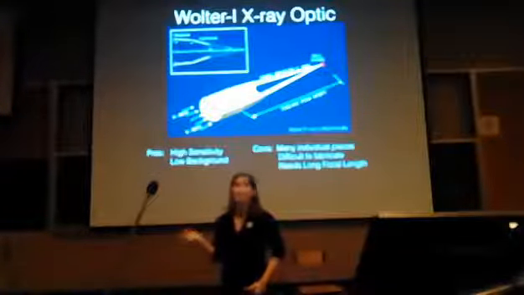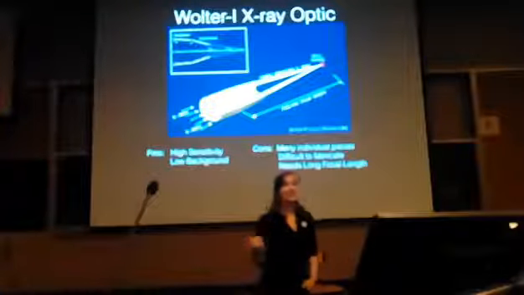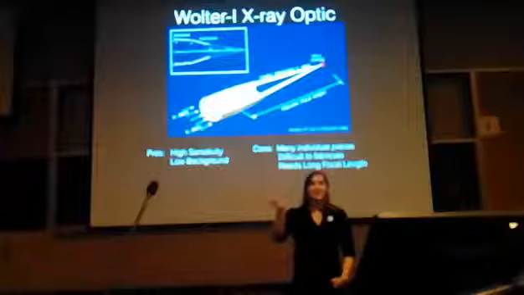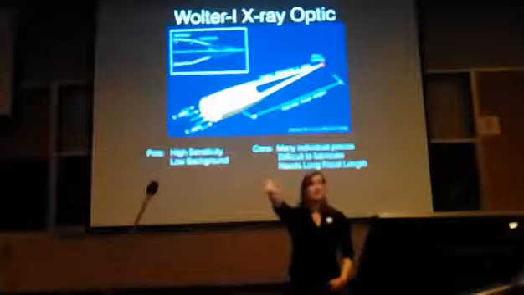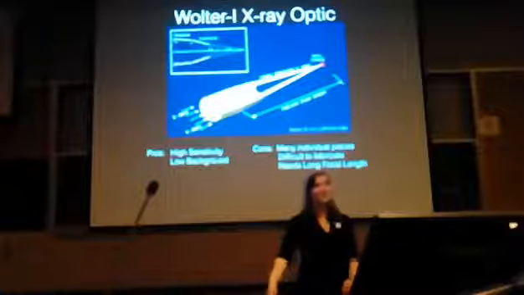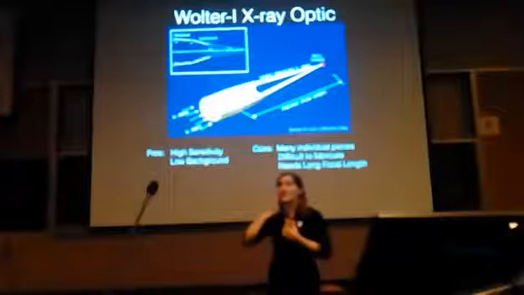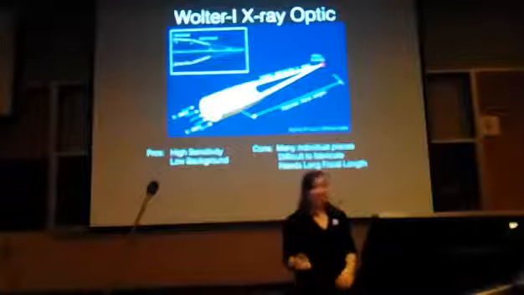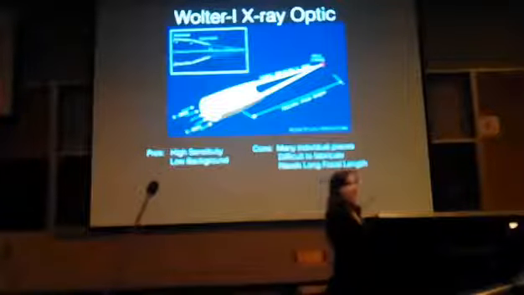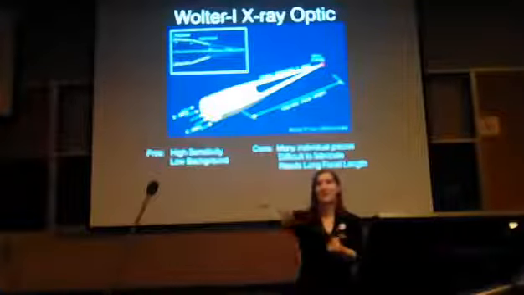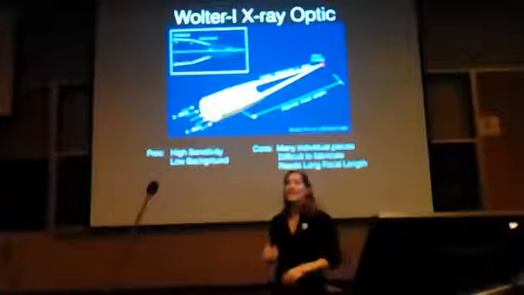That rock represents an X-ray coming out of a supernova remnant, for example. So if you take that rock and drop it into the water, it's just going to go right through to the bottom. And that's exactly what happens with the other telescopes. But if you take that rock and you skip it across the water, it will bounce very nicely and just kind of keep going. And that's the idea.